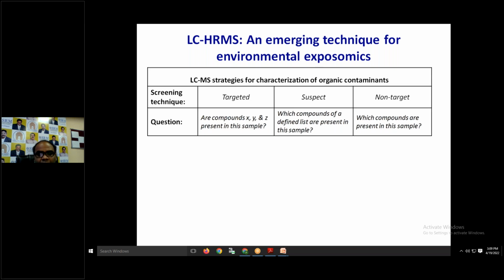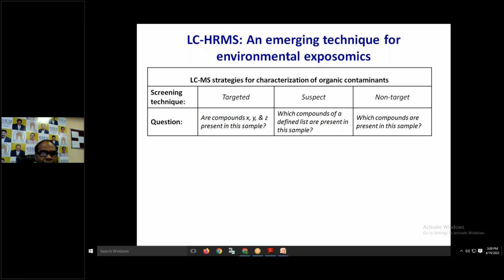Another one is non-target. Non-target means which compounds are present in this sample, because apart from these known impurities, we don't know what other exposomics are present. If you are able to identify those exposomics other than the known ones, that is known as non-target, because we are not targeting anything.